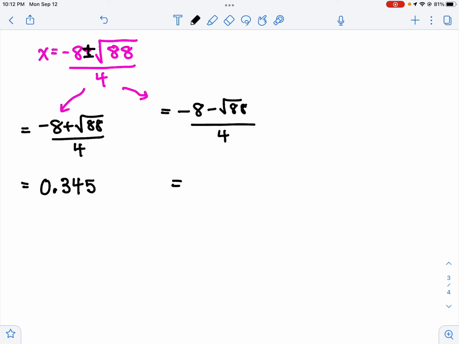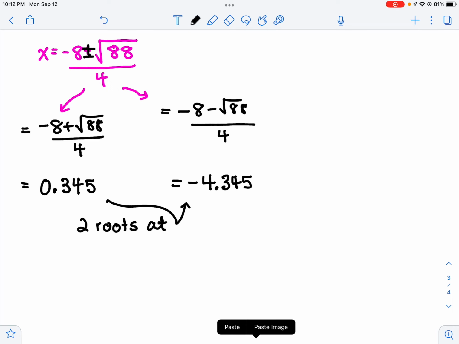And on this one, negative 8 minus the square root of 88, divided by 4, gives negative 4.345. So we've got two roots, or two x-intercepts, at negative 4.345 and 0.345.